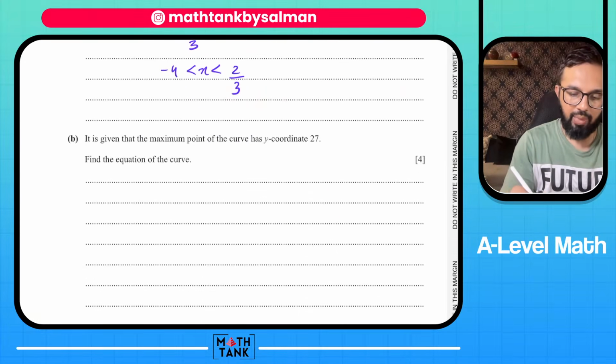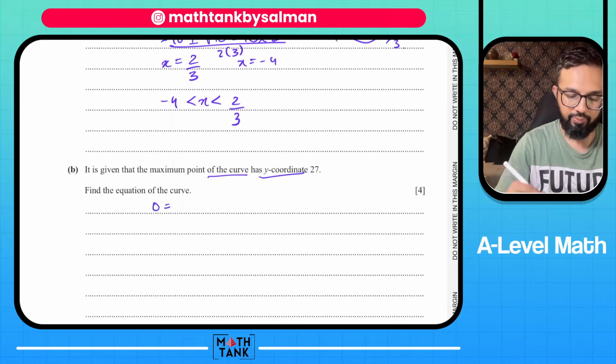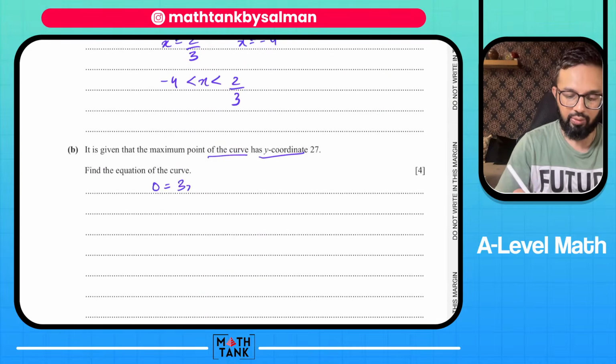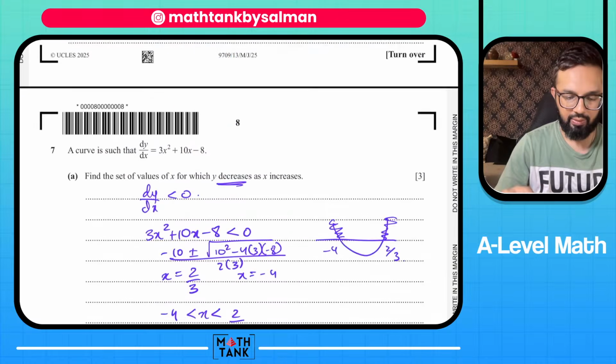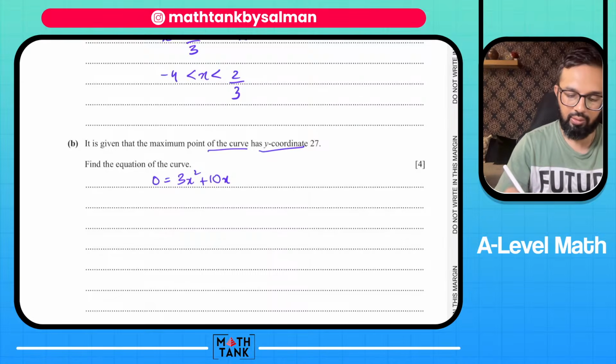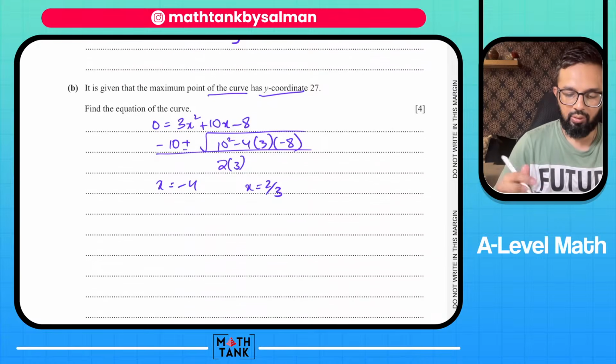It is given that the maximum point of the curve has y coordinate 7. So dy by dx equals 0. Where is the maximum point? Let's find that. So 3x squared plus 10x minus 8, minus b plus minus root of b squared minus 4ac over 2a.